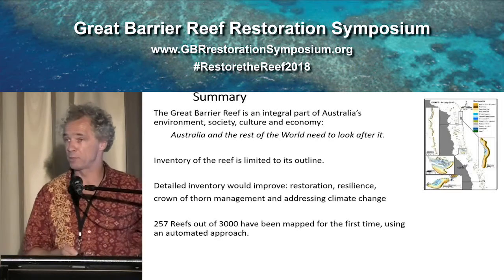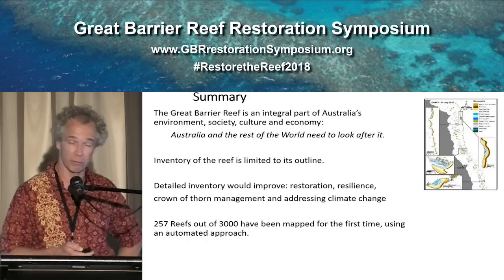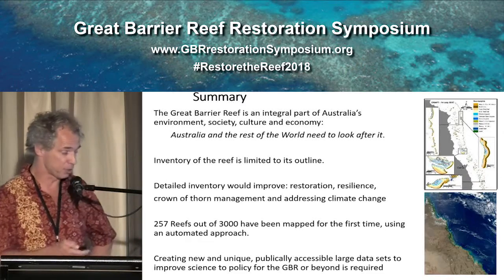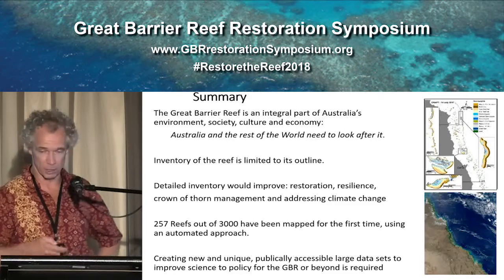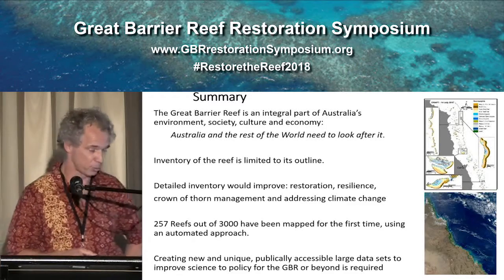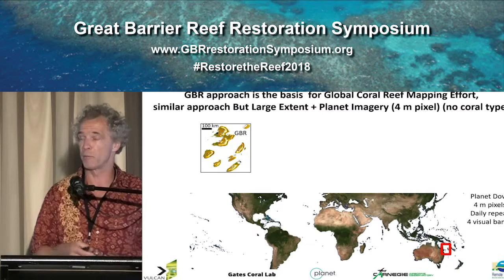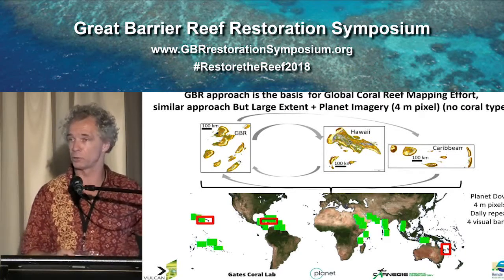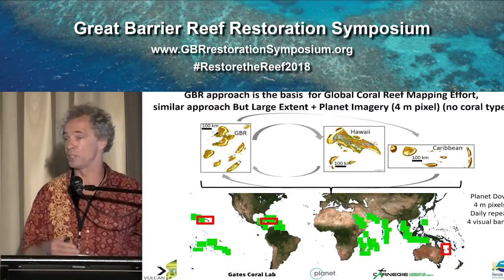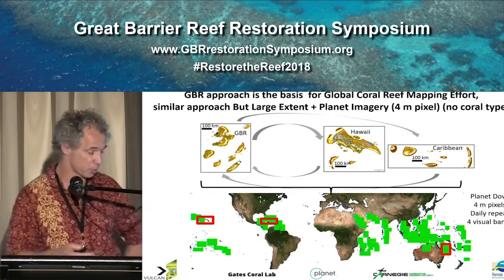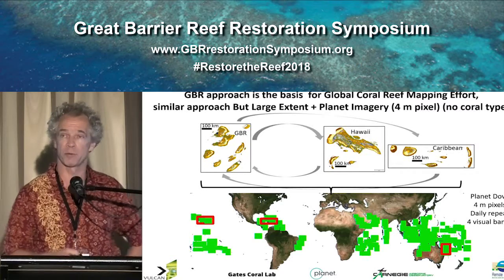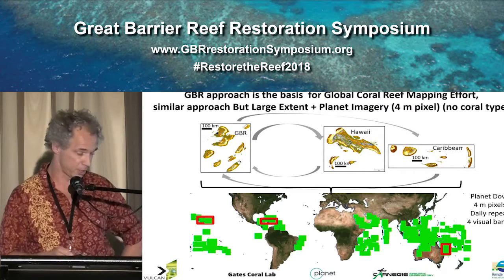We mapped heaps of reefs, but we want to map the whole reef, and we should map the whole reef. Now, these methods on their own have shaken up some people on the other side of the ocean, and we have now been invited to map all the reefs in the world using the same approach. We just started working on this project, and over a 2 to 3 year period, we hope to address that as well.